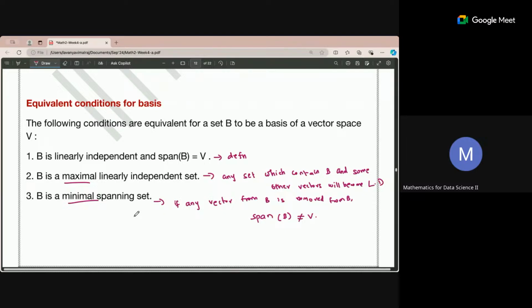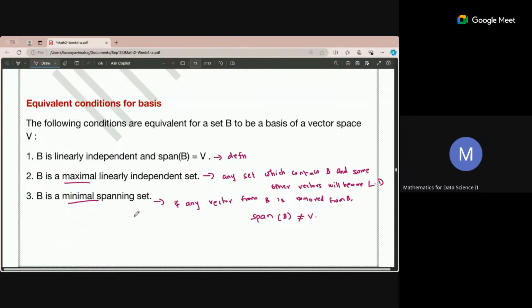In general, for Rn, n is the maximum number of linearly independent vectors you can have. So if you have a set of n linearly independent vectors, that is the maximal linearly independent set, because adding any other vector will make it a linearly dependent set, right?